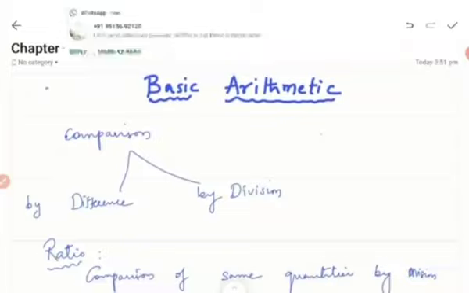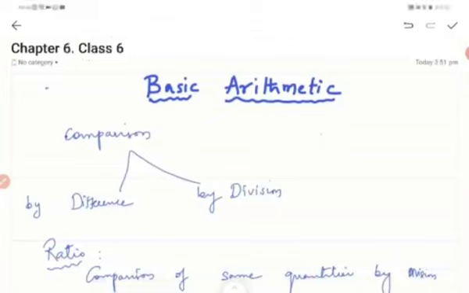Suppose I have one bottle. If someone asks me to compare that single bottle, can you compare only one bottle by itself? You cannot, isn't it? So you need to have two objects or two things to be compared.